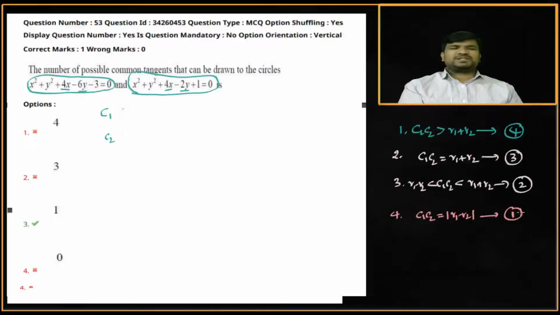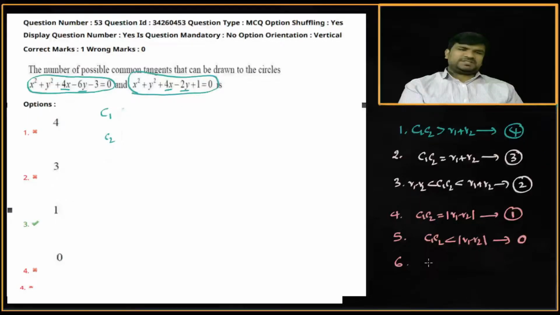If 2 circles touch each other internally, we can draw 1 common tangent. And the fifth one is, if C1C2 is less than mod R1 minus R2, one circle lies completely inside the other circle. So the number of common tangents is 0.